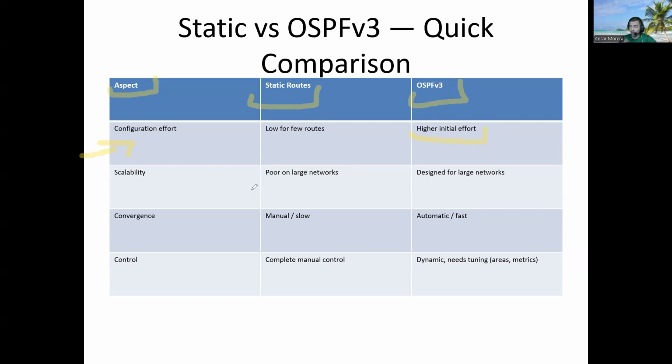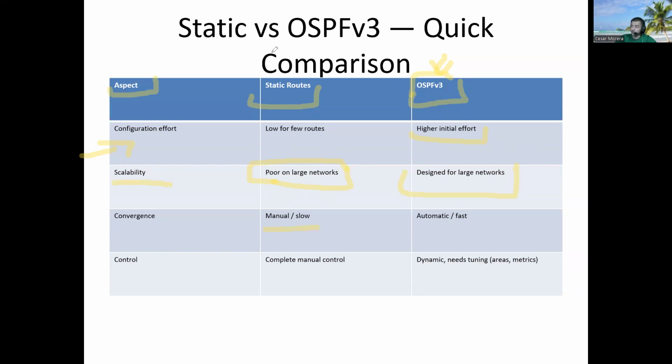For scalability, static routes are poor on large networks, while OSPFv3 is designed for large networks. So for scalability, the best option will of course be OSPF version 3.